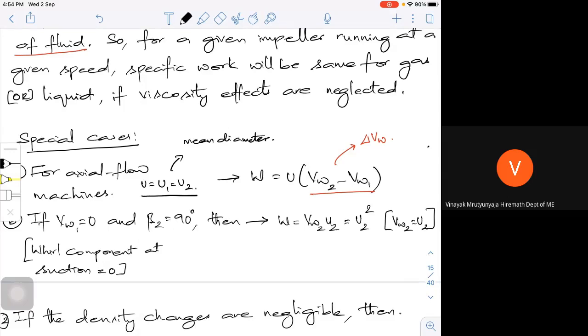For this condition, I call it beta 1, so Vw1 is almost 0. So your beta 1 will be 90 degrees. Then automatically, in this formula Vw2 into U2 minus Vw1 into U1, the second term is 0. So this formula simply becomes Vw2 into U2.